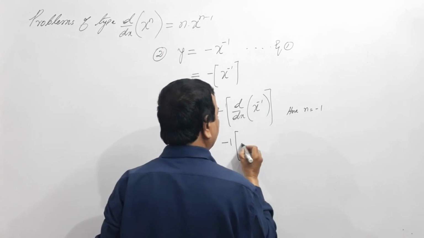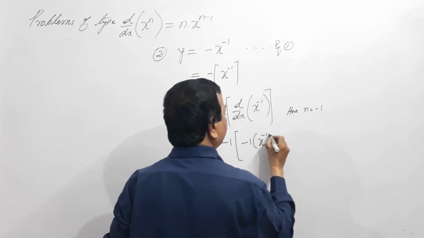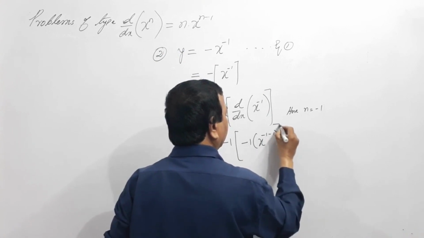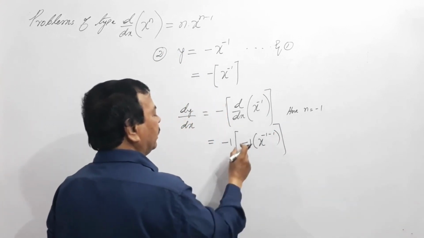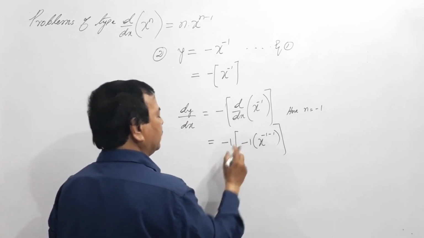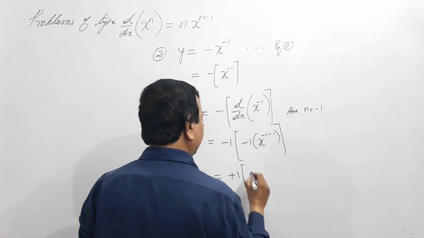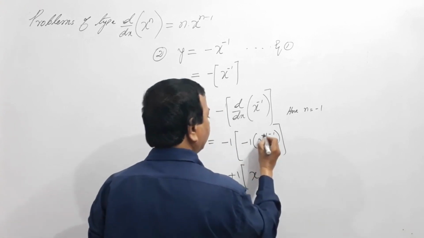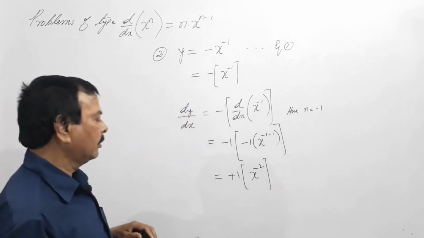So n is minus 1 into x to the power of minus 1, right? So I bring this minus n outside and multiply. This becomes minus into minus becomes plus 1 into x to the power of minus 1 minus 1 is minus 2. Done.